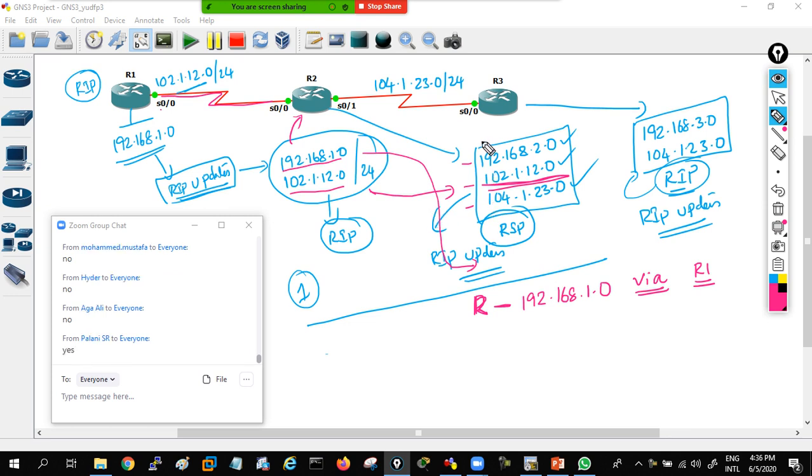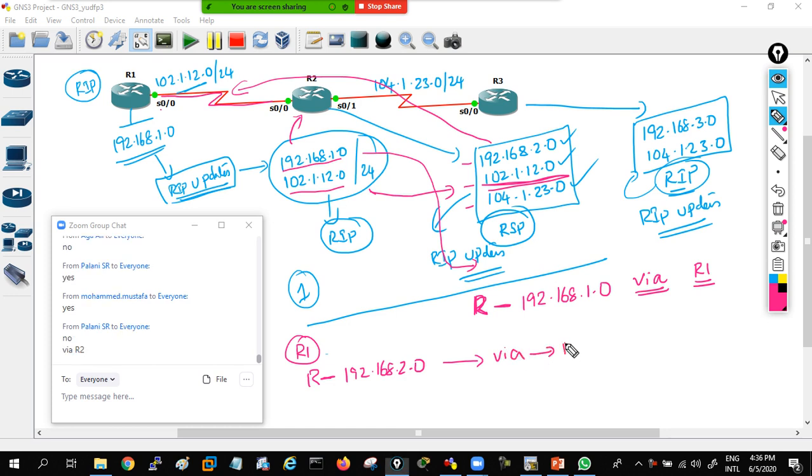Now what will Router 2 do? It will send its updates to Router 1. Then Router 1 checks: do I know about 192.168.2? No. Then immediately it keeps it in the Router 1 routing table as a RIP route: the 192.168.2.0 network, learned via R2.